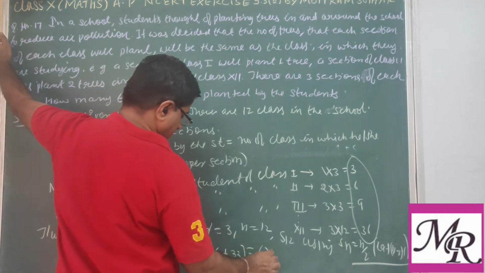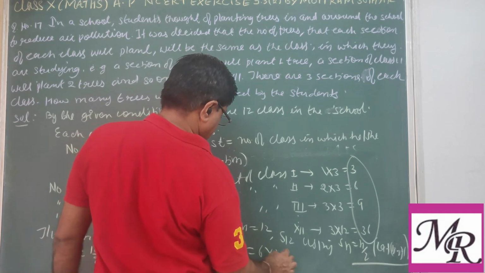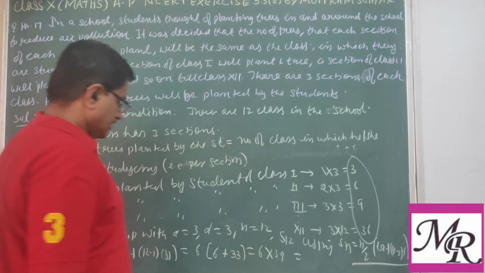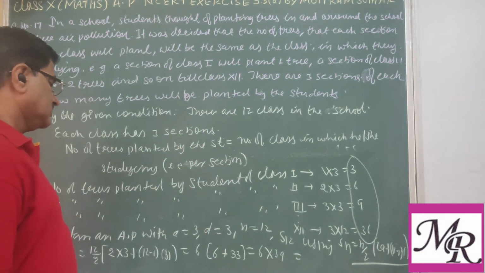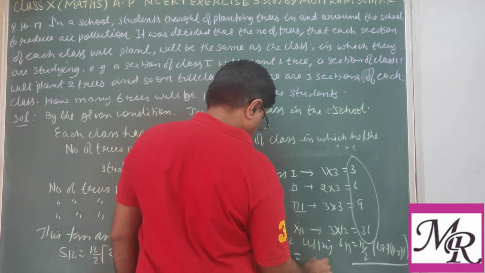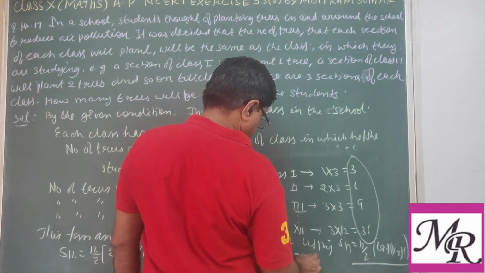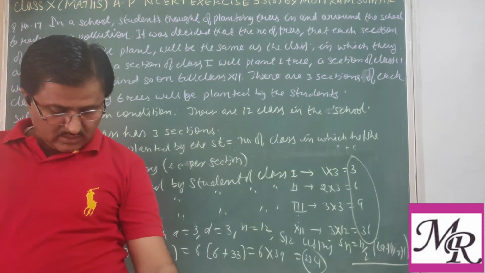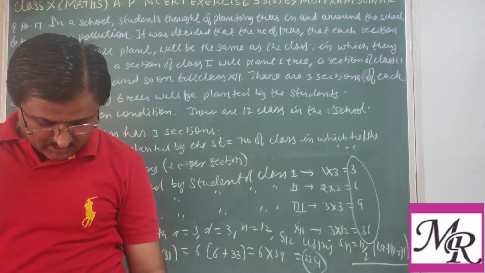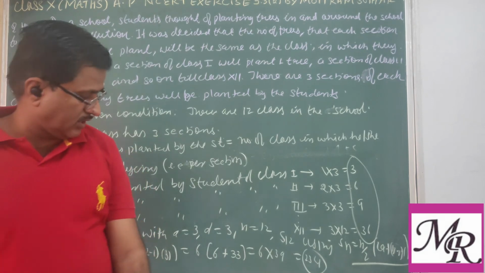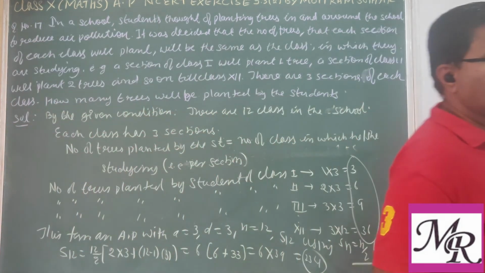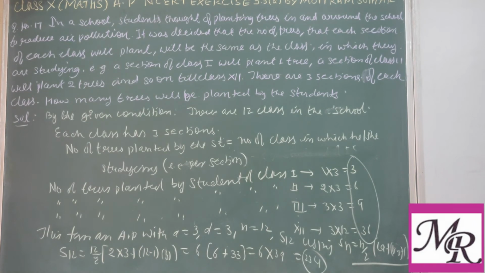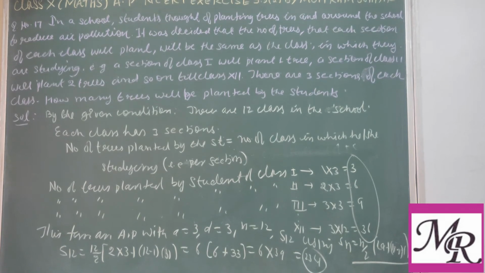So 6 into 39. Clear? So in this way you can get the total number of trees, which will be 234.